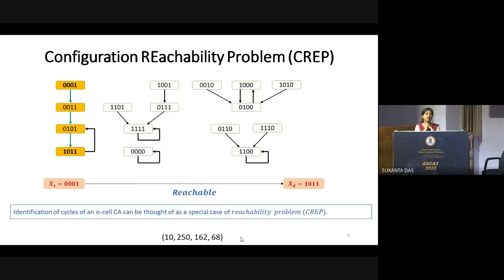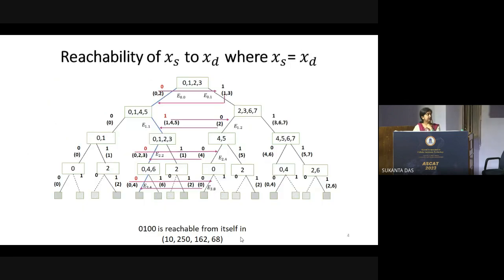But the configuration space can also be represented by other tools. So here in our work, we take the help of the reachability tree. Now, what is a reachability tree?